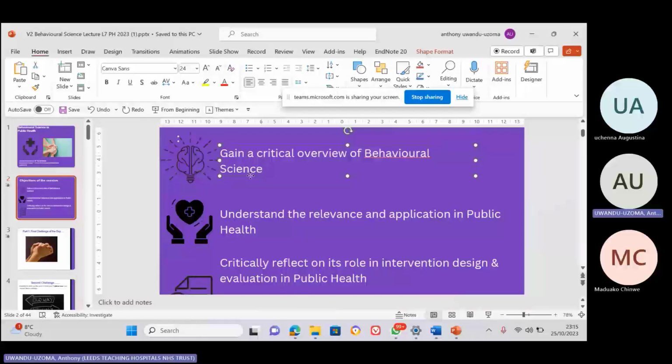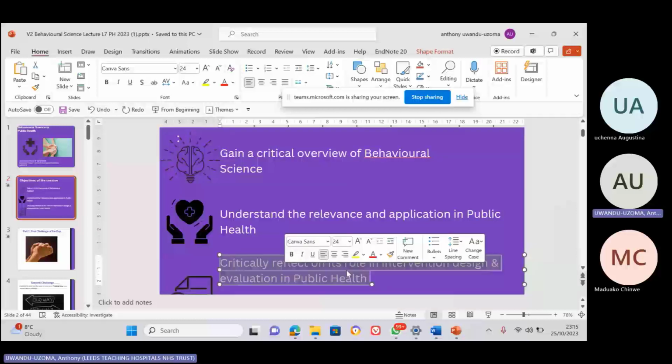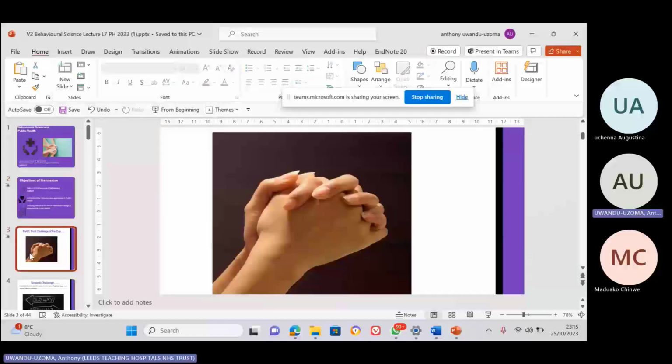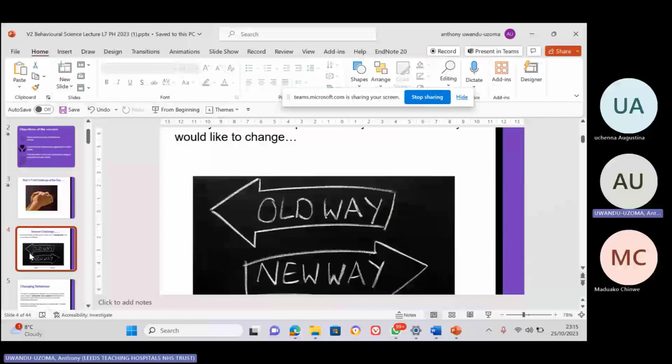So I need to know what is behavioral science and any debate around it. I need to understand the relevance and application of behavioral science in public health. And then I need to reflect on the role in intervention design and evaluation in public health. So let's see whether I will see anything that will help me.